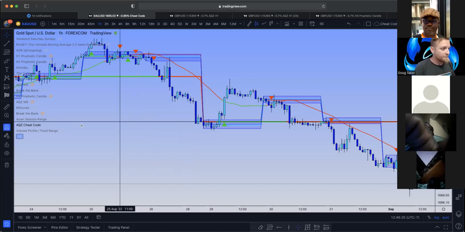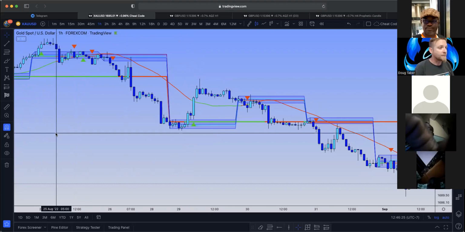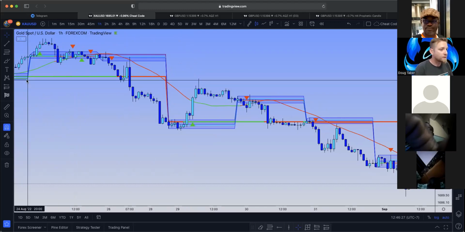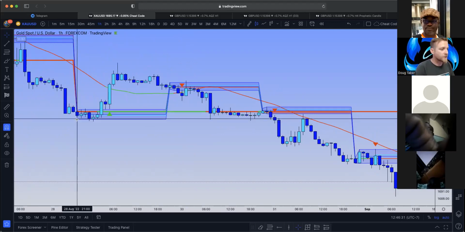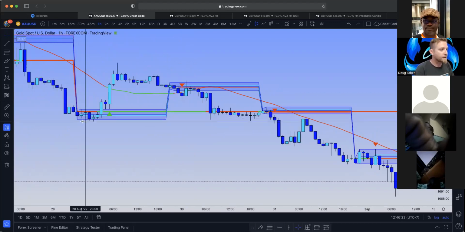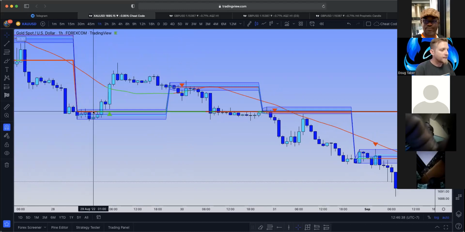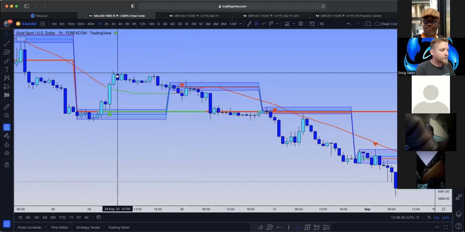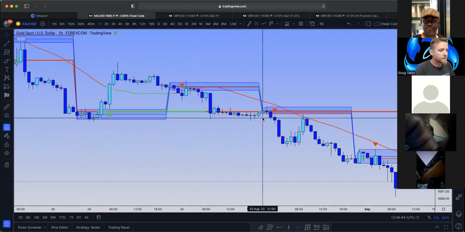With this indicator, or this trading method in its own right, every single day at midnight, a zone is created from midnight to 2 a.m. If you get a break above, you're looking to go long. If you get a break below, you're looking to go short. That is the very simple foundation of cheat code itself.